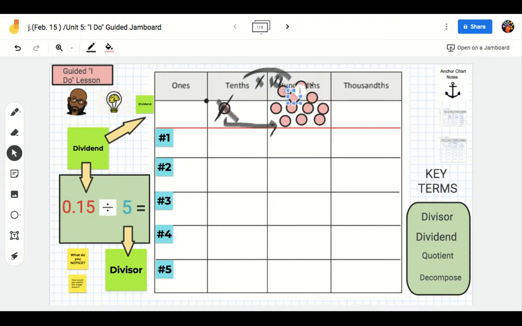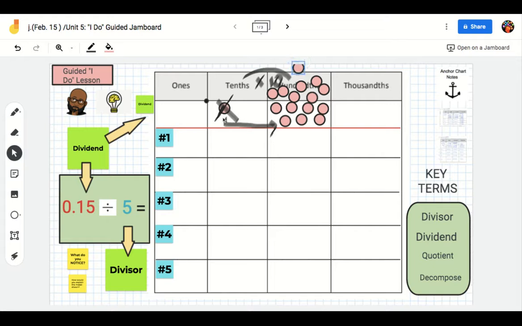Move this out the way. 7, 8, 9. Bring that over. And here's my 10. So now I've broken it up.